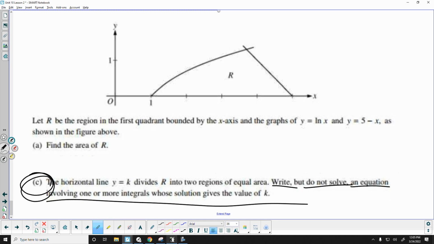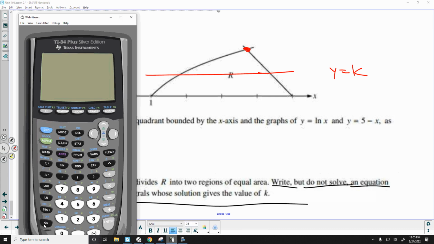So, ready? We are splitting this in half. Y equals k. We would have to use our calculator to find this intersection. Now, we have not done this yet, but when you find intersections, you can store the y coordinate. Log x, 5 minus x. I'll do this fairly quickly.